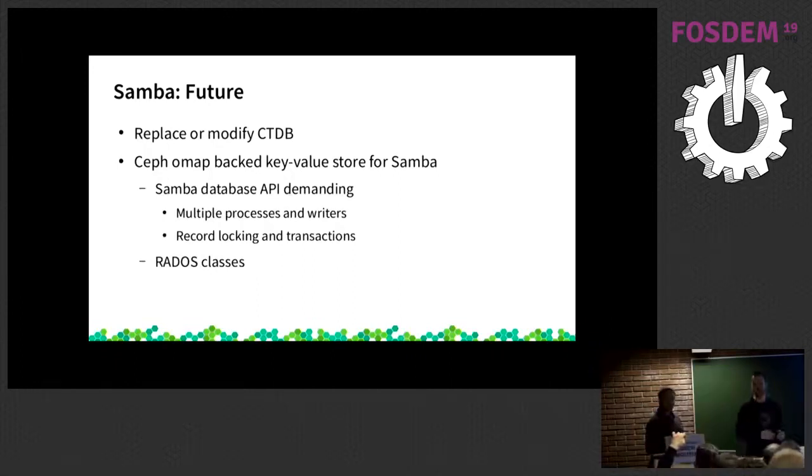So the question was, compute of the database, can I expand on that? Samba does some things like traversal to look up specific records. This is incredibly intensive, at least for a CTDB case. It's very inefficient. So using RADOS classes for something like that, we can offload that operation to where the key value store is located.